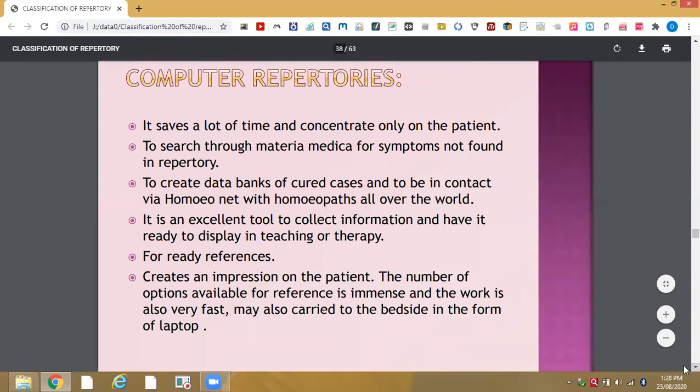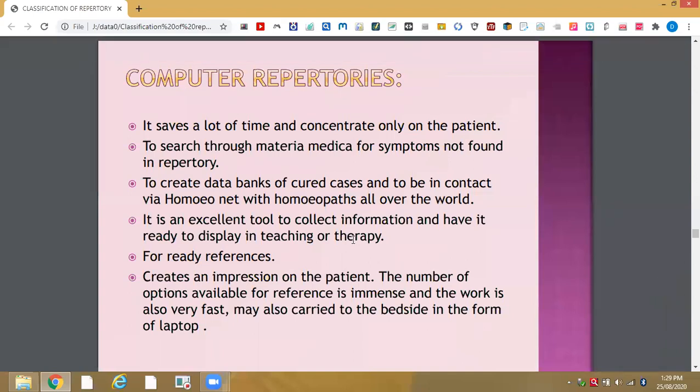There is no need to save the papers, because the data is saved properly in a small space in the computer only, so there is no need to store the papers of the patient's data, and anywhere we can go, we can use this computer data anywhere, anytime. So it is easy to carry, and easy to save the data of the patient with the help of computer repertories.